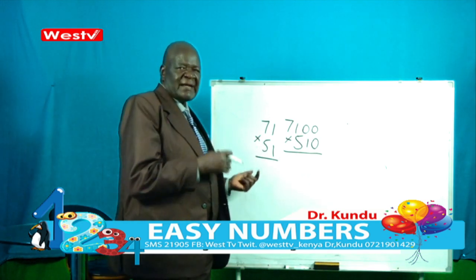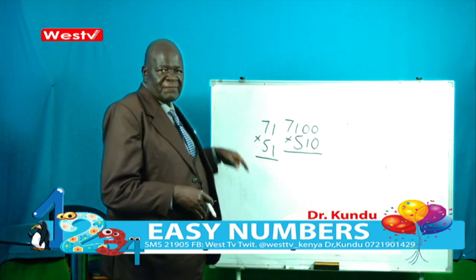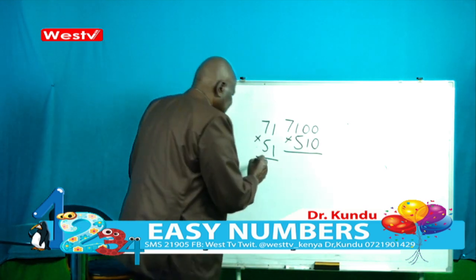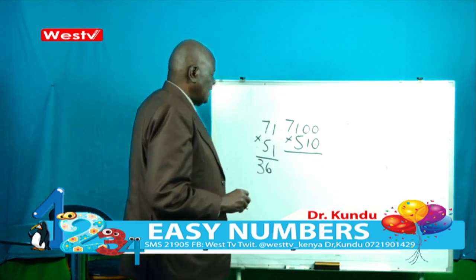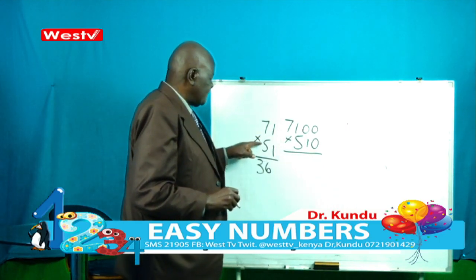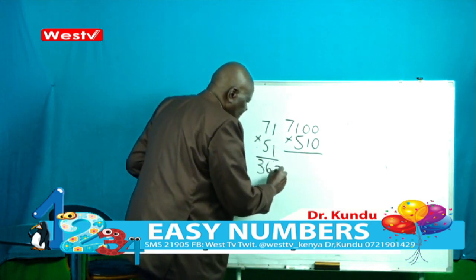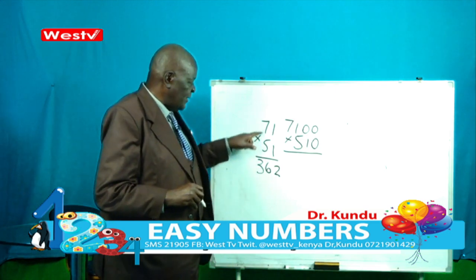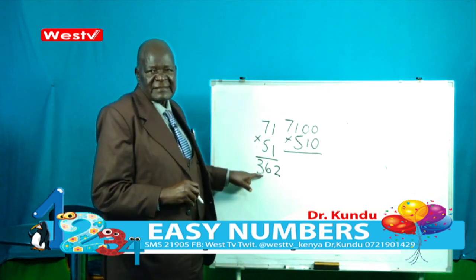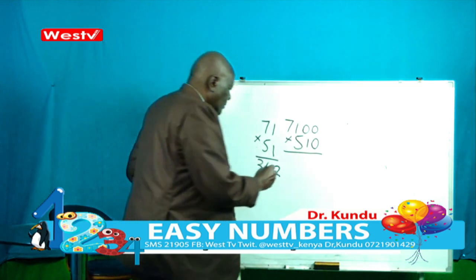It's like we carry. So, 7 times 5 is 35 plus 1 is 36. Once we have 36, now we add 7 plus 5, which is 12. We only write 2 because the tens digit that would make 12 is the one that went on 35 to make it 36. And then we just drop 1.